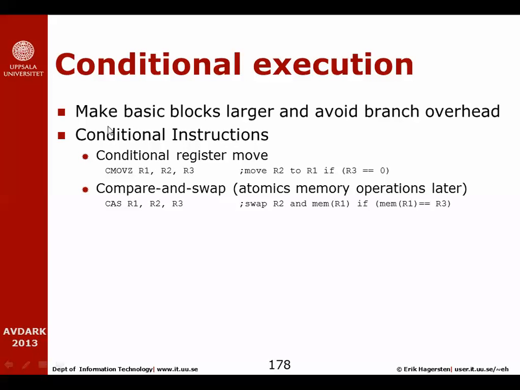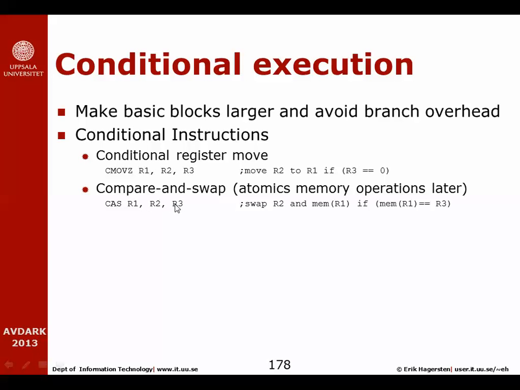And one example of conditional instruction we talked about before when we talked about how to implement synchronization. So here we had an instruction called compare and swap, which said swap the contents of register 2 and 3, but only do that if the contents of register 1 is equal to the contents of register 3.